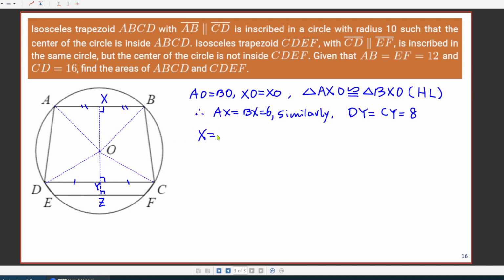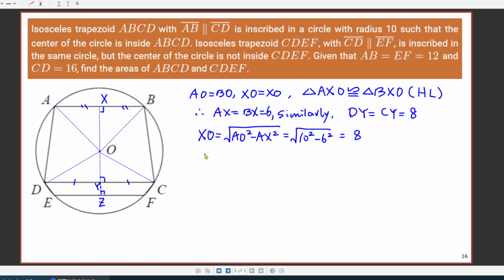So XO is the square root of AO squared minus AX squared, which is, well, AO is 10 and AX is 6, so we know that's 8, right?